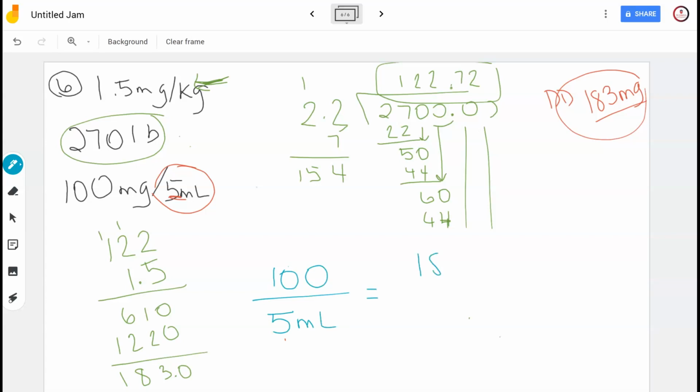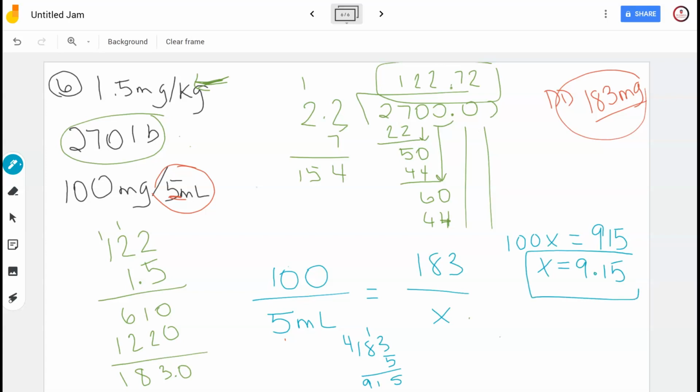You want 183. 100x equals 183 times 5, 915. Divide 915 by 100, it's 9.15 milliliters. So you're using almost 2 whole syringes.